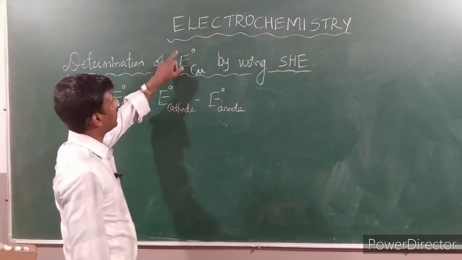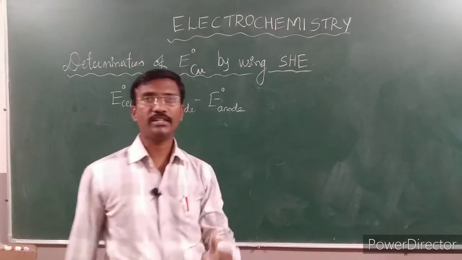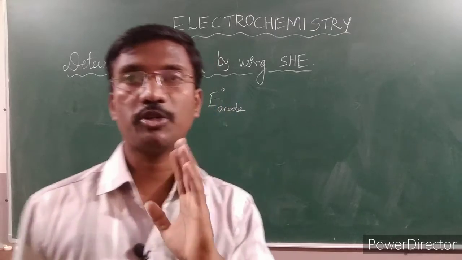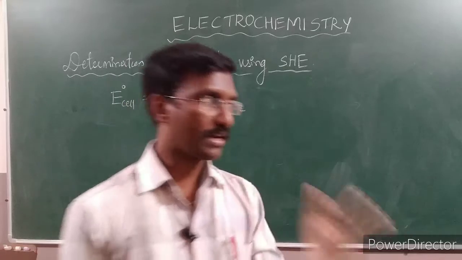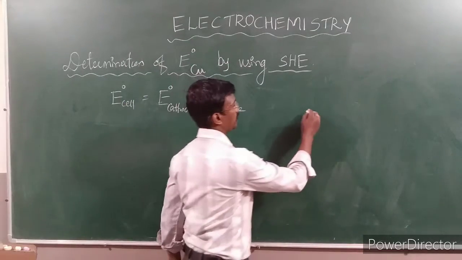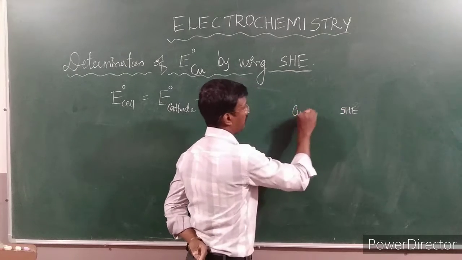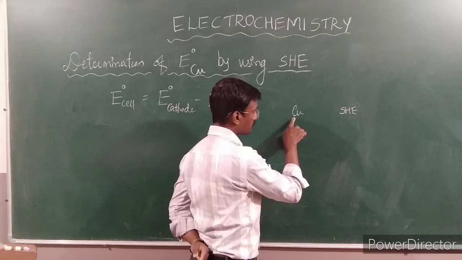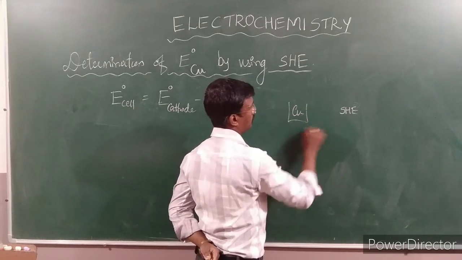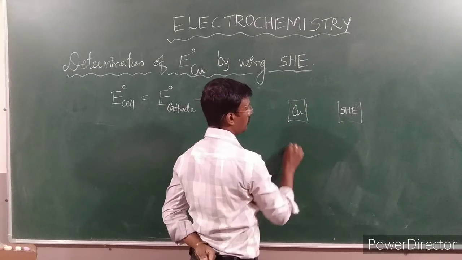So coming to the next one, look here. Determination of the standard electrode potential of copper by using the SHE. Same thing as we did in the previous one. Here also we are going to calculate the standard electrode potential of copper. We are connecting the SHE to the copper. Here we need the EMF of the copper as a positive value.